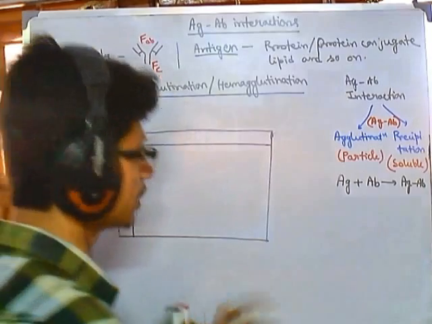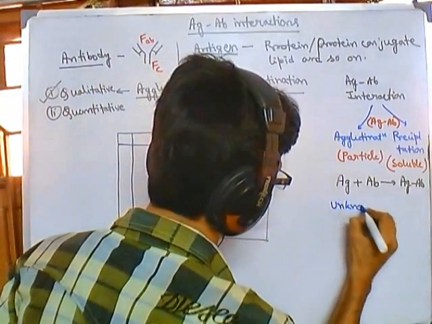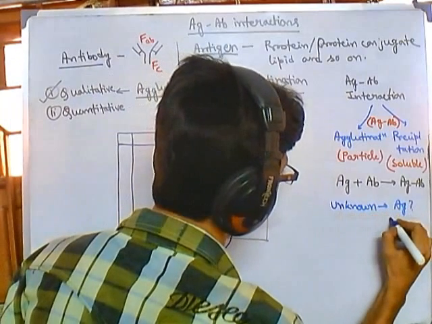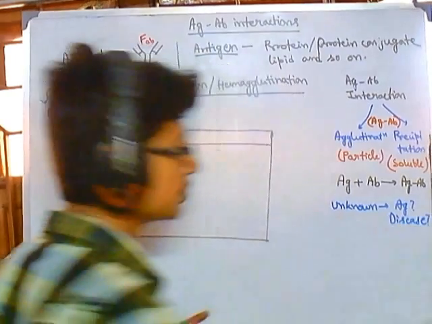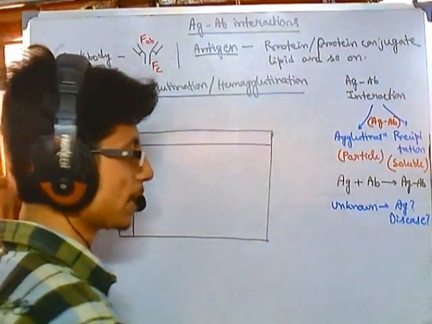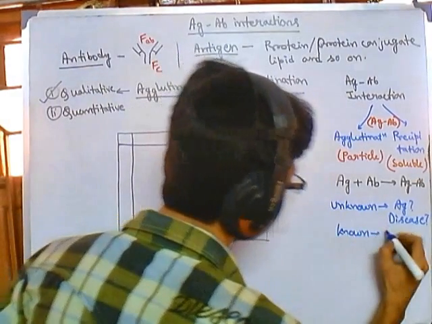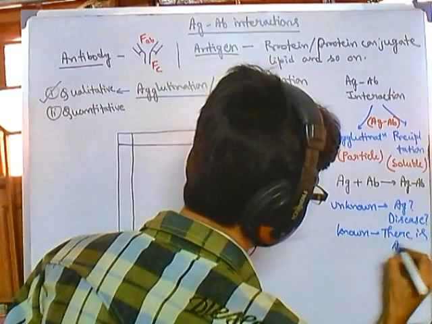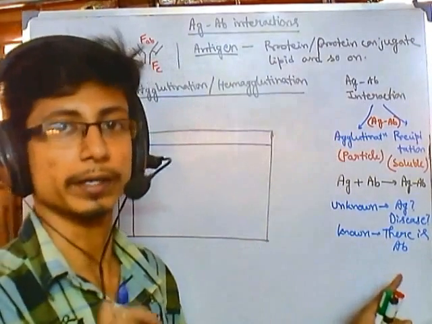So this is the concept. What is unknown is the type of antigen, or the type of disease, or the type of bacteria or virus which is causing the disease. Mostly here we are talking about bacteria as antigens. And what is known is that there are antibodies generated inside his or her blood.